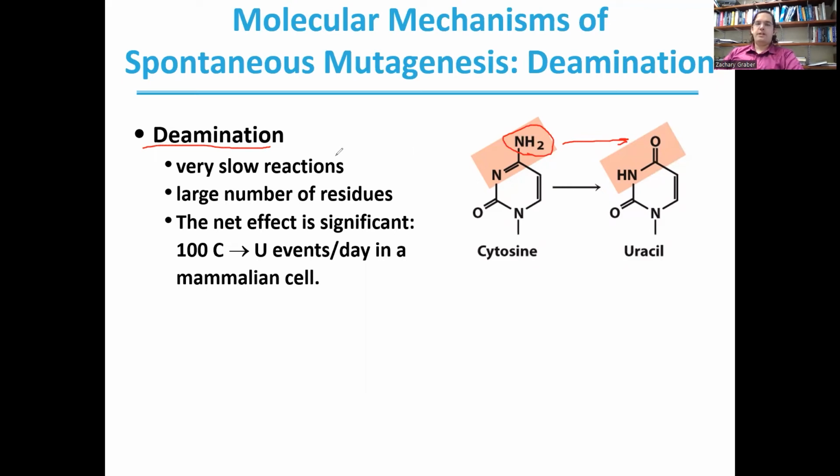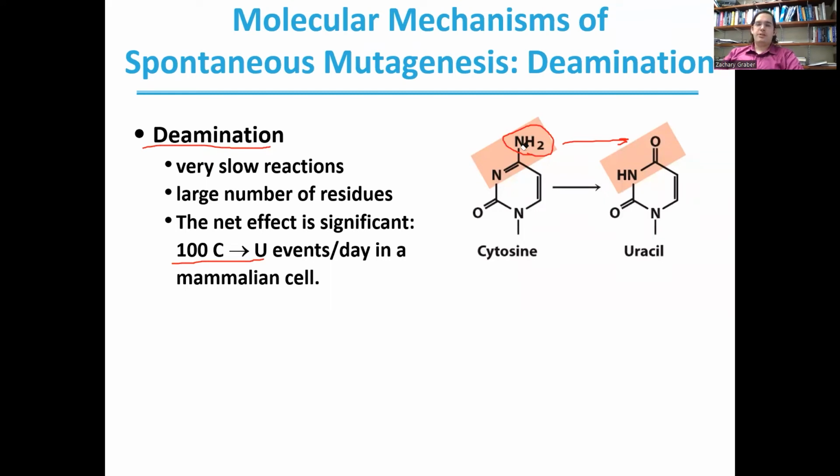Now, although this reaction is very slow, because we have such a large number of bases in our DNA, the overall effect is relatively significant. There are approximately 100 cytosines converted to uracil every day within a given mammalian cell, right? That's just because we have billions of bases within our cells. And so even if just a couple are converting over to uracil, it ends up adding up over time.